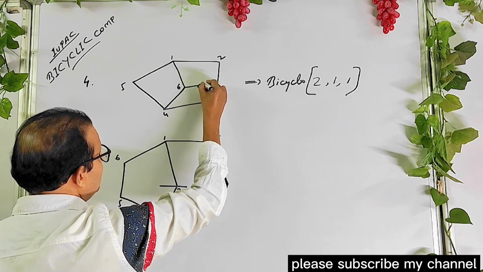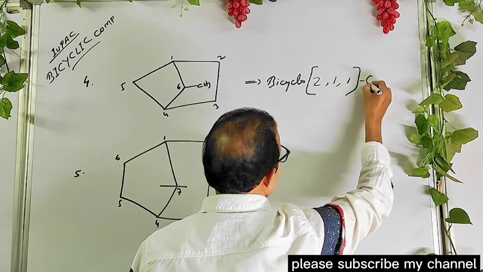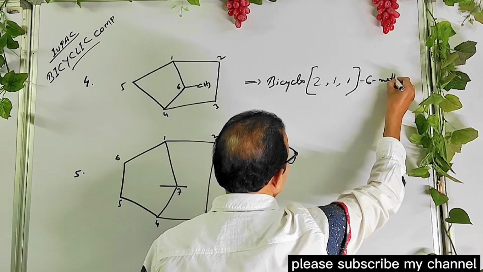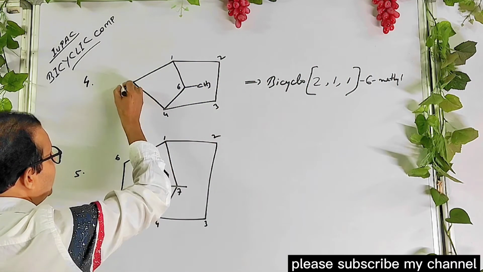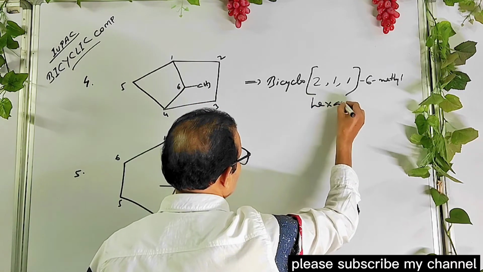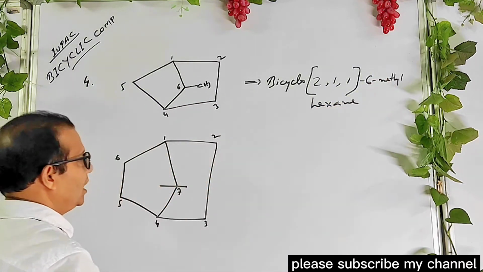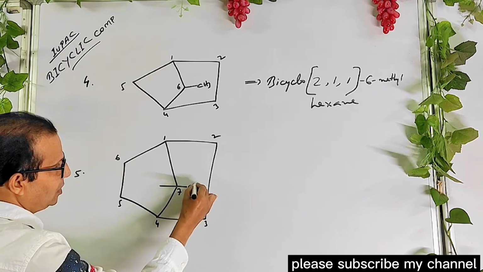Actually it is CH3, methyl, 6-methyl. Methane, ethane, propane, butane, pentane, hexane. The 6 position contains a methyl group. Here these are the methyl groups.